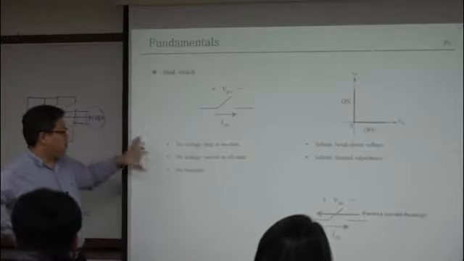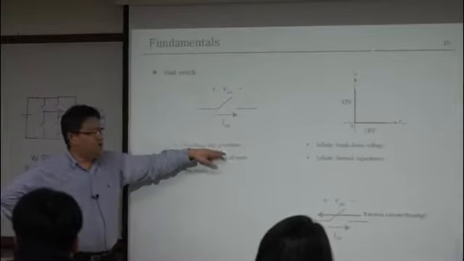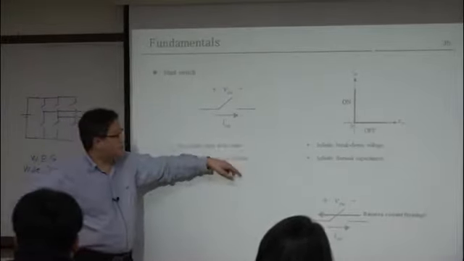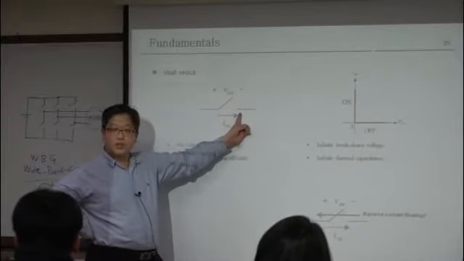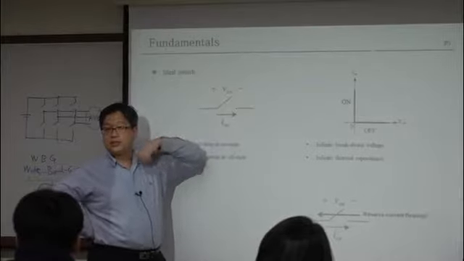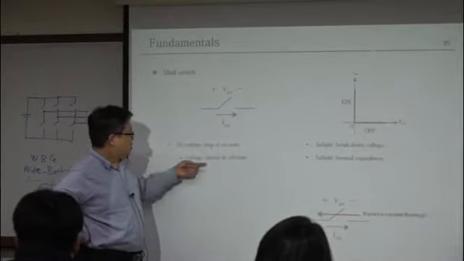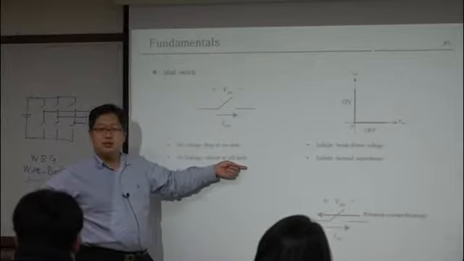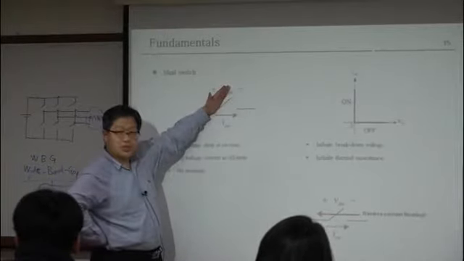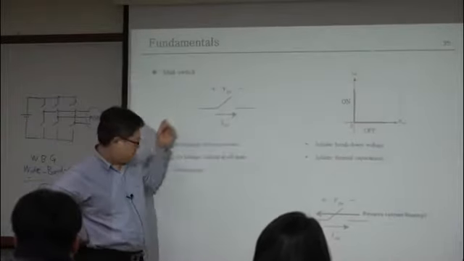Okay, for an ideal switch, there is no voltage drop at on state. It means if you turn on the switch, the VSW is 0 volt. And no leakage current at off state. It means if you turn off the switch, you cannot flow any current.